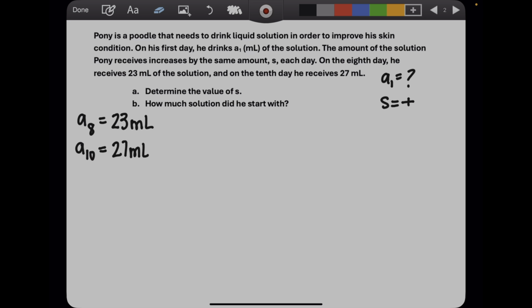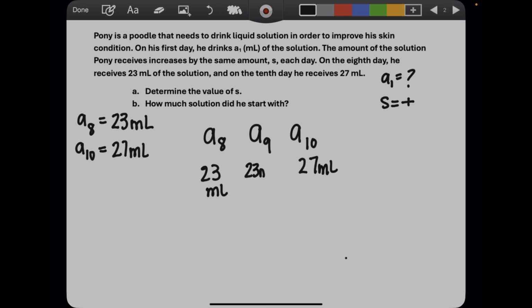To find how much he had on the 9th day, we just add how much he drank on the 8th day and the 10th day and then divide that by 2.